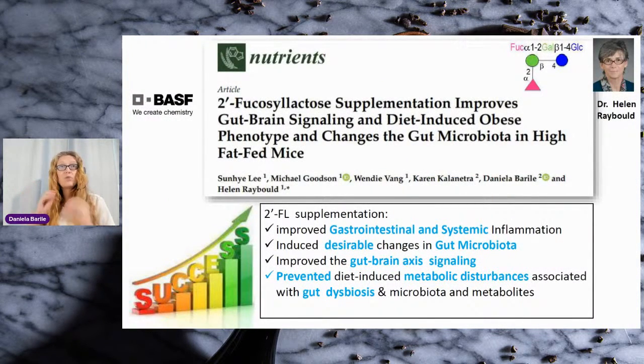Just to conclude and give you one example, we talked at the beginning about obesity, metabolic disorders, and the gut-brain axis. This is one application in collaboration with BASF, which is a large chemical company. We gained access to one of the key prototypic oligosaccharide molecules that are in human milk, and we were able to use it in an animal study where we induced obesity, induced metabolic disorder, and interrupted the communication between the gut and the brain.